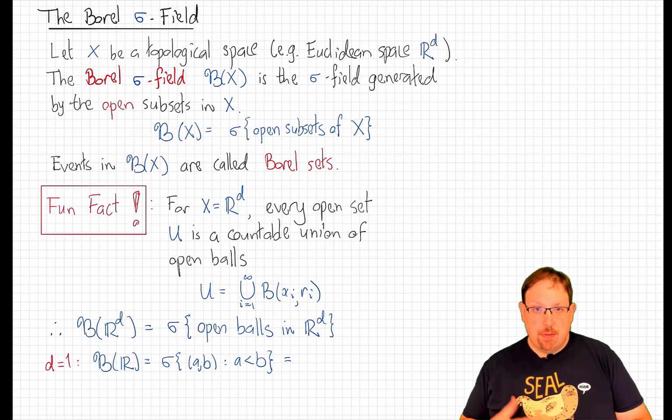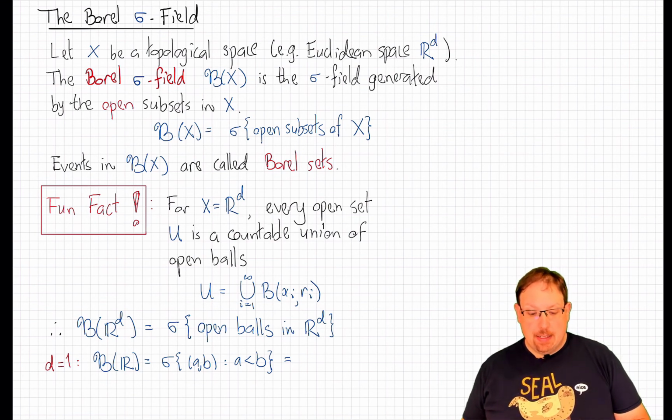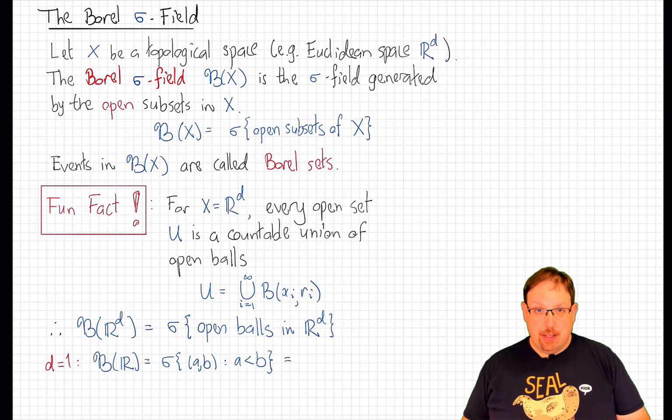The Borel sigma field of a topological space X is the sigma field generated by the open subsets of X. Those sets that are in the sigma field generated by the open subsets are called Borel sets.